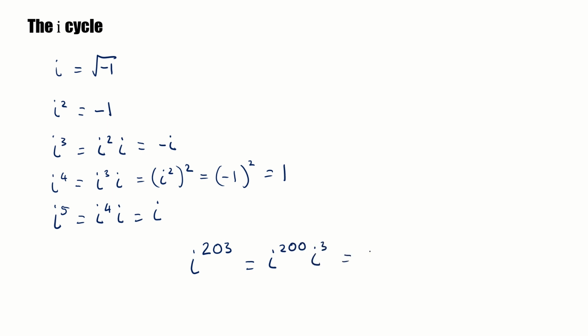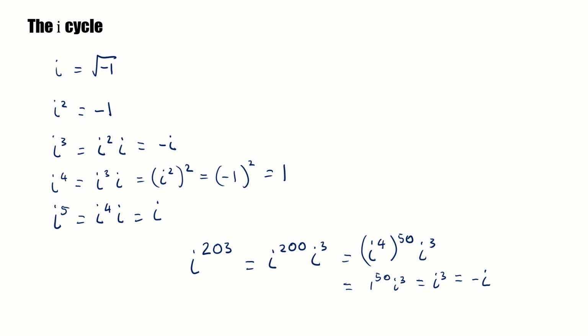As i to the power of 200 is to the power of a multiple of 4, then that means we've got actually a quite nice number appearing there, which is just ultimately the number 1, because 1 to the power of anything is just 1. And because i cubed was just minus i, that means i to the power of 203 is just minus i, even though it had that really mega crazy power.